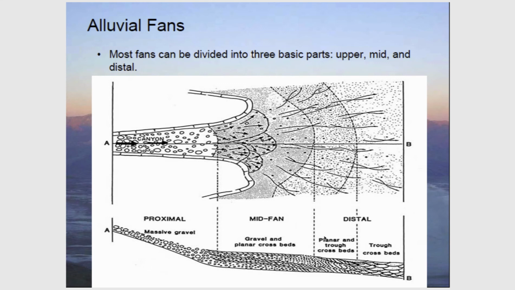In this other part, which is more distal, we commonly start to have more complex cross bedding. So again, if you have a fluvial system that is interacting with the alluvial fan, you will start to see those trough cross beds that are typical of transversal sections with respect to the downstream direction of flow.